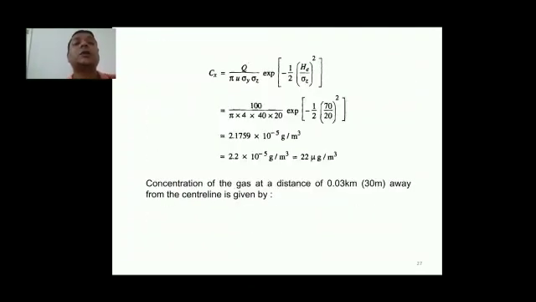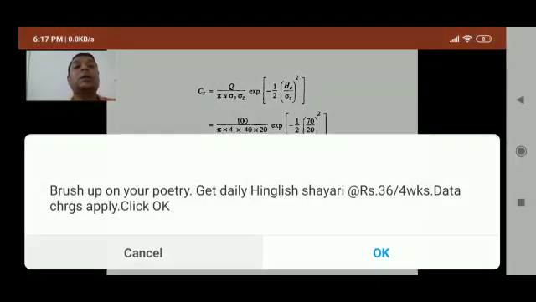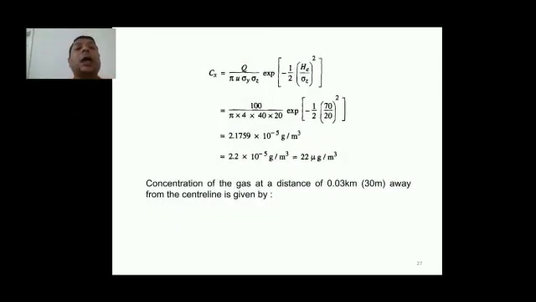Now use this equation. C(x) is equal to Q upon pi into u into sigma y into sigma z into e raised to the power minus 1 by 2 in bracket H square divided by sigma z square. So putting all these values here, we get the answer 22 microgram per meter cube.